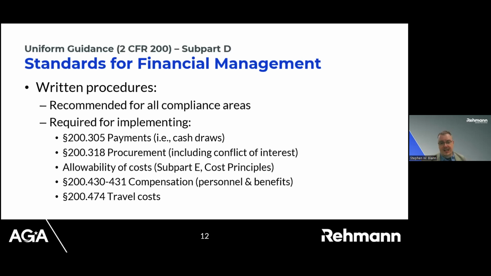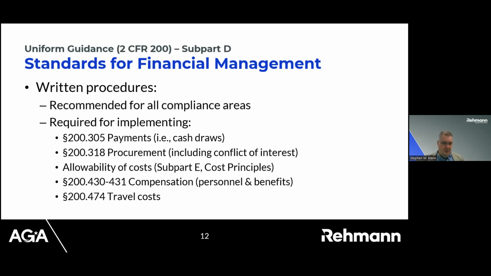So I would say most entities probably do have policies and procedures around accounts payable. Who has to approve what when, what's the process for somebody authorizing, signing off on a check request or a purchase order, when do you require bids, all that kind of stuff. The one area you might be missing, and it just depends on whether you've put this in specifically, is that the uniform guidance requires an explicit conflict of interest policy.